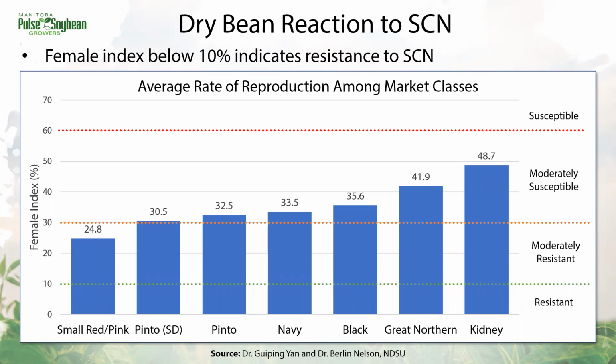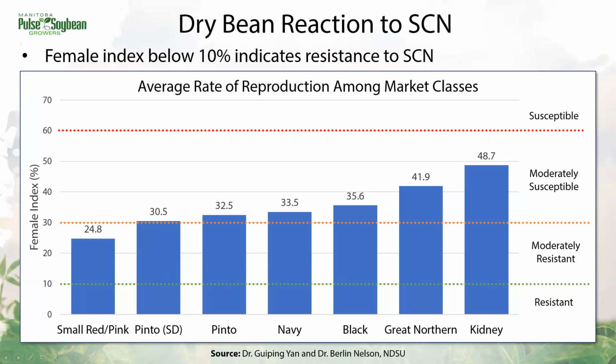Anything above 10% is varying amounts of susceptibility to SCN, with 10 to 30 being moderately resistant, 30 to 60 moderately susceptible, and anything over 60% considered susceptible. Kidney beans and Great Northerns were the most susceptible in this study, with pintos, navies, and black beans falling in the middle.